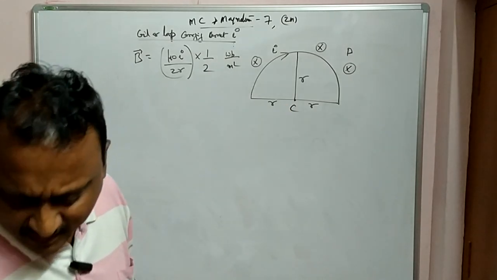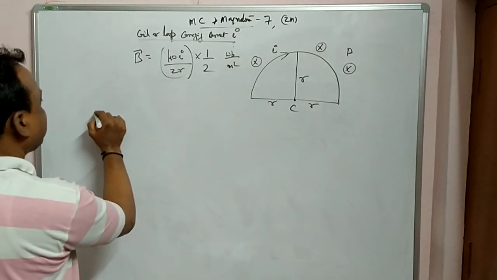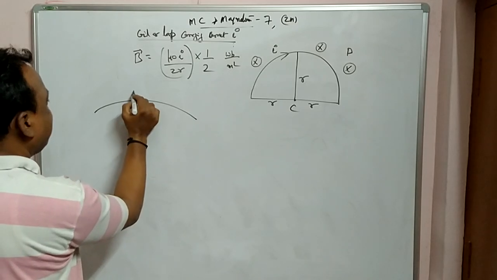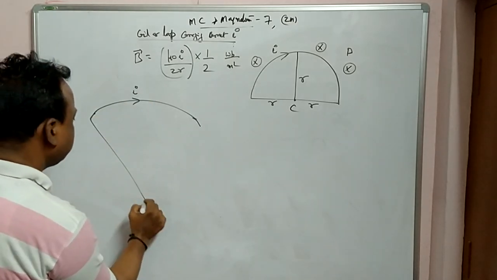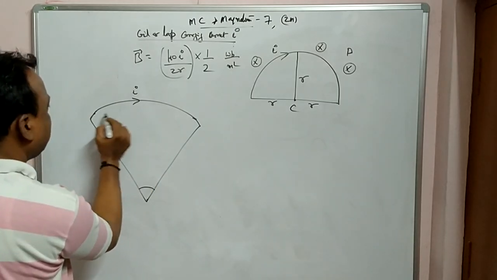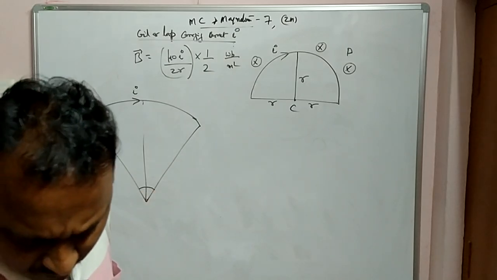Next we will go for an arc of a circle. I will draw here an arc of a circle, current carrying. Let this angle be alpha, or theta, or whatever.